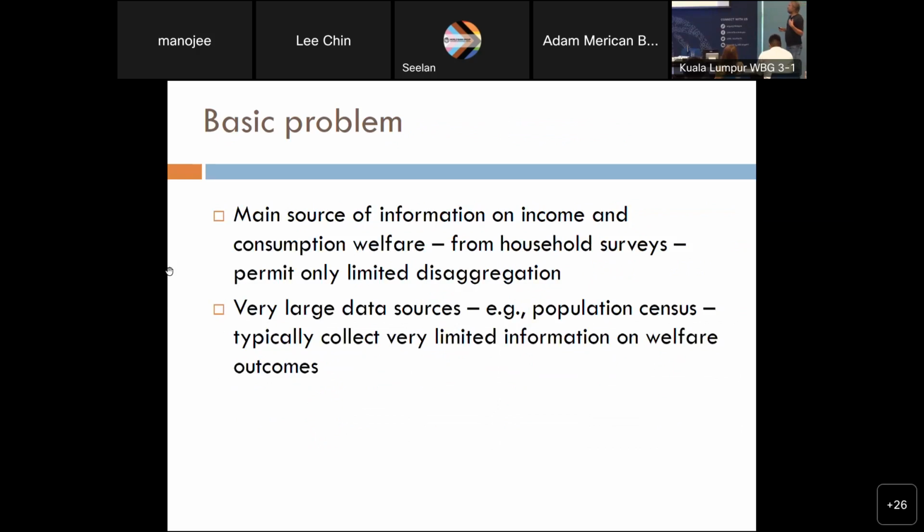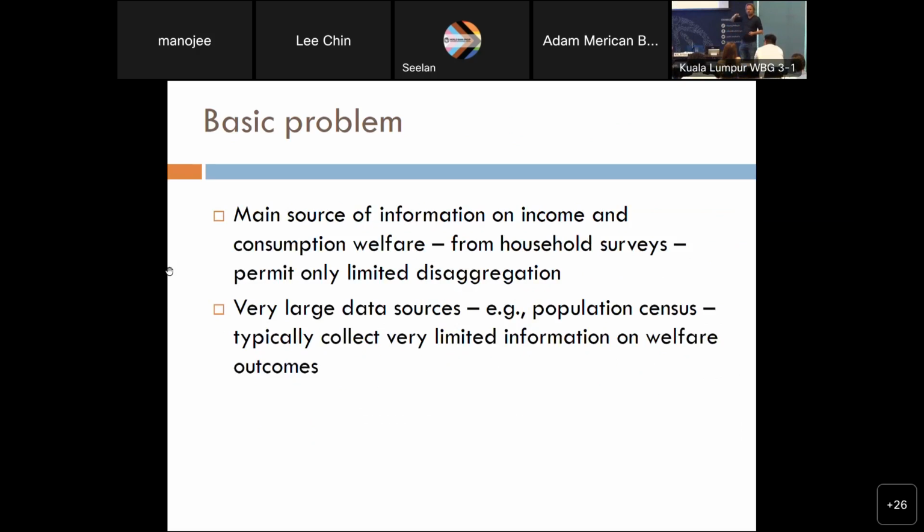Okay, so hopefully we have established by now that there is value in producing poverty maps. Now the focus will shift towards how do we produce them. I've already sort of conveyed to you the idea in a nutshell, right?